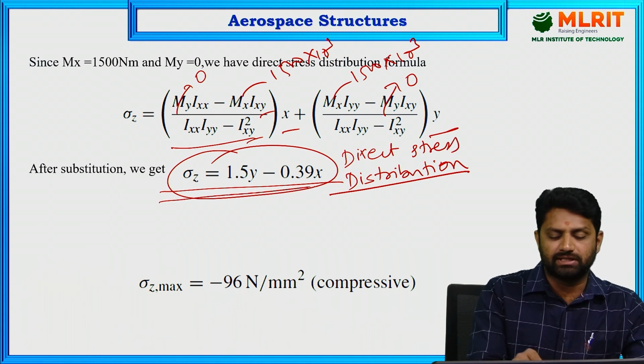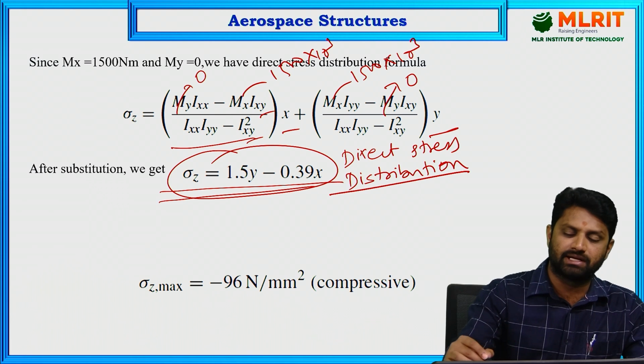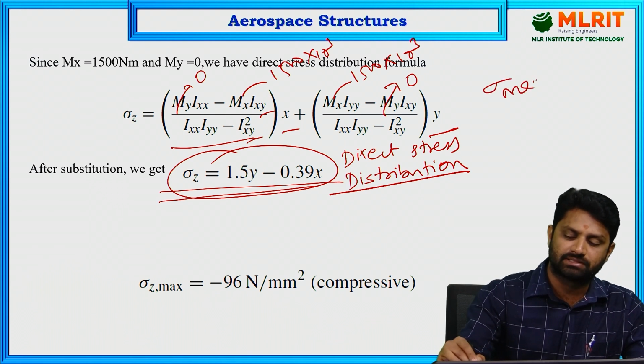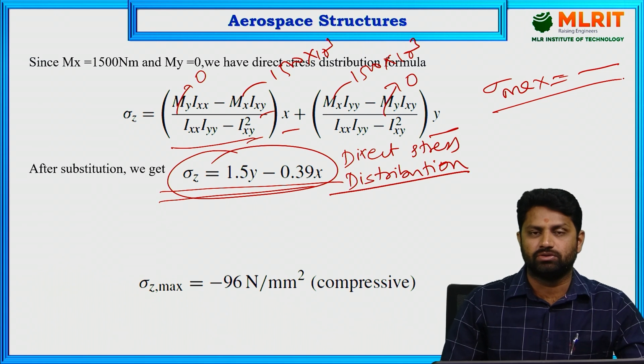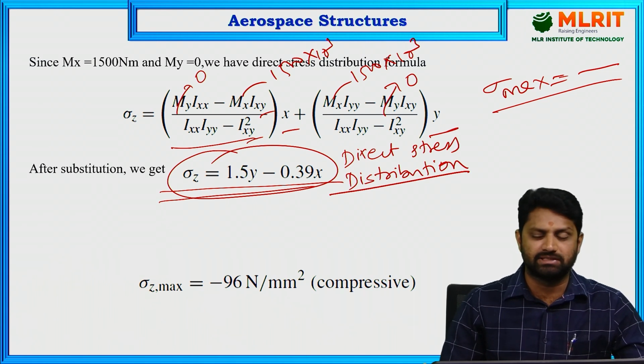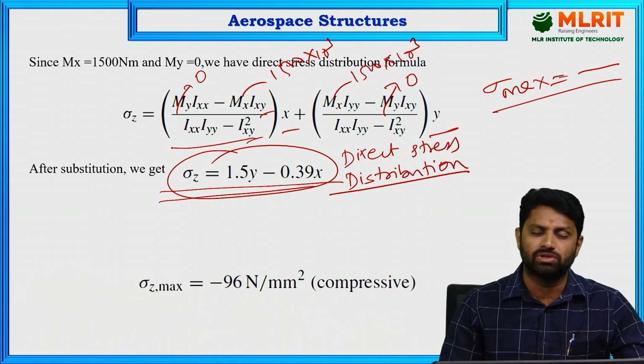Once you get the distribution, he asked to calculate the maximum direct stress, sigma max. So you need to iterate because you have different points A, B, C, D, E, F. To find at what point you are going to get the maximum direct stress, you need to iterate.